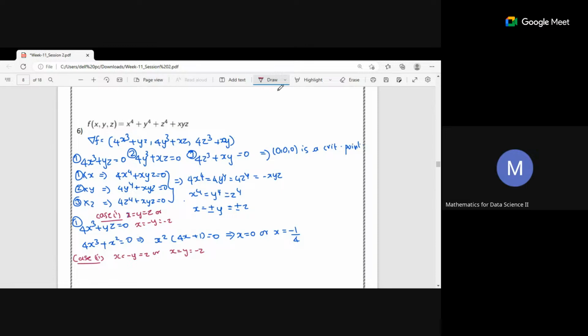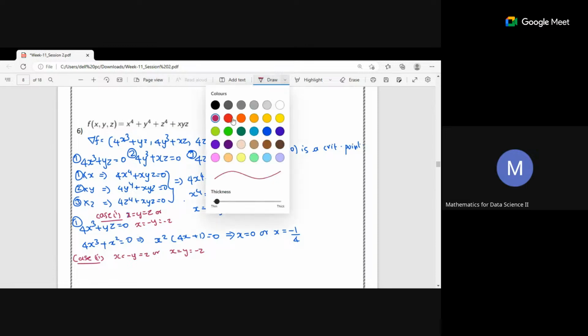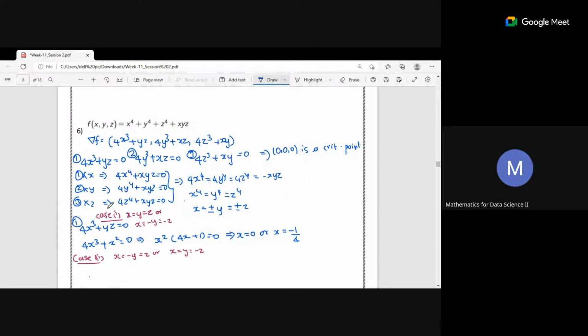So what happens in this case? Let us look at equation 2, 4y cube plus, it is minus.